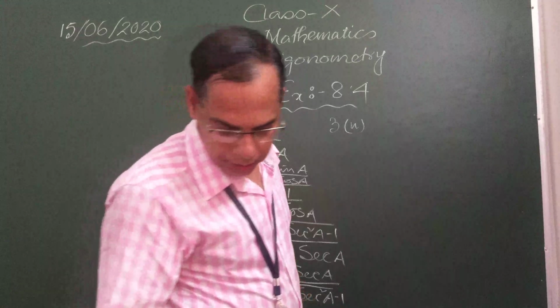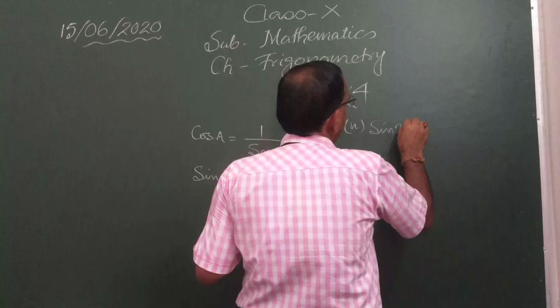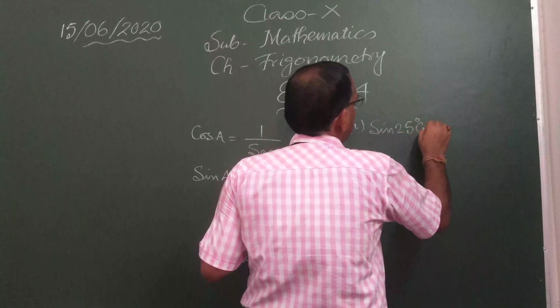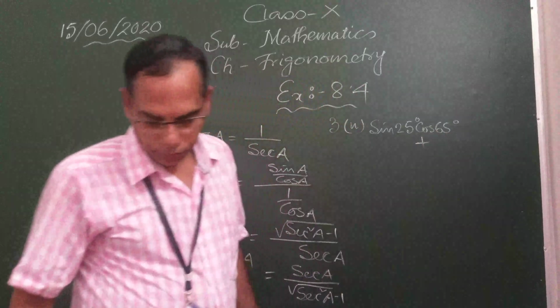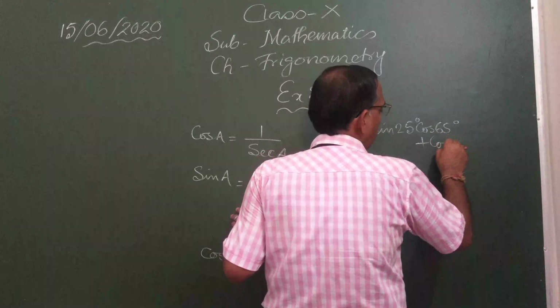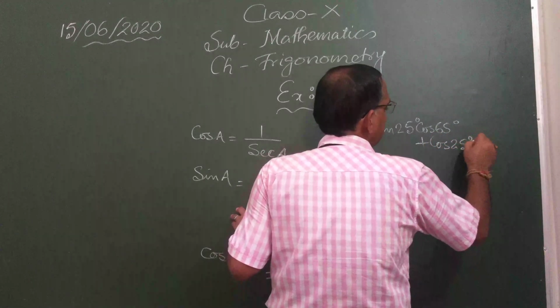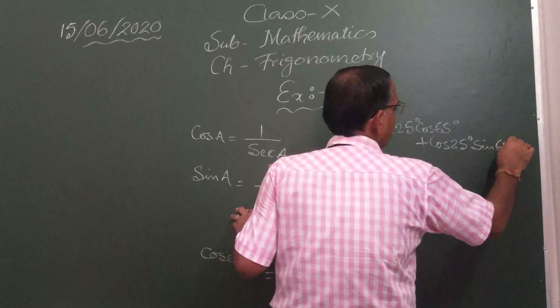Sine 25 degrees cos 65 degrees plus cos 25 degrees sine 65 degrees.